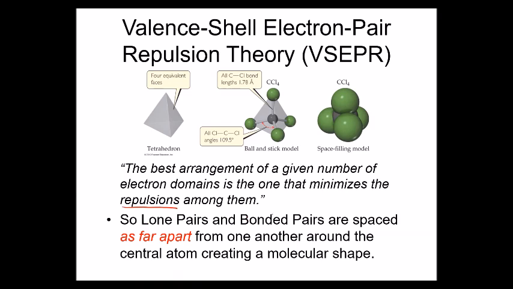So lone pairs and bonded pairs are spaced as far apart from one another around the central atom as possible, creating a molecular shape. As you can see here, we have chlorine, chlorine, chlorine, chlorine around our carbon. They're trying to draw it 3-dimensional here, so it's sort of like a mini pyramid looking thing. But these chlorines are spaced as far apart as they can get. This is a bonding, bonding, bonding, and bonding pair, so 4 domains around this central atom.